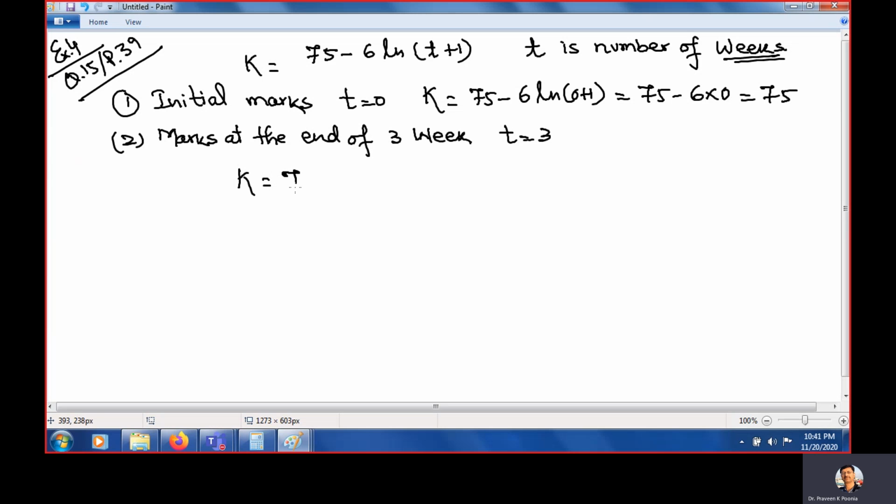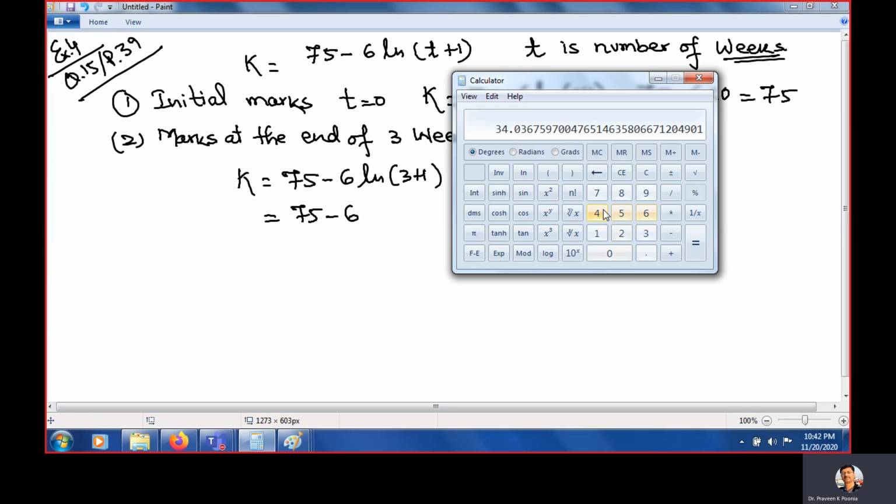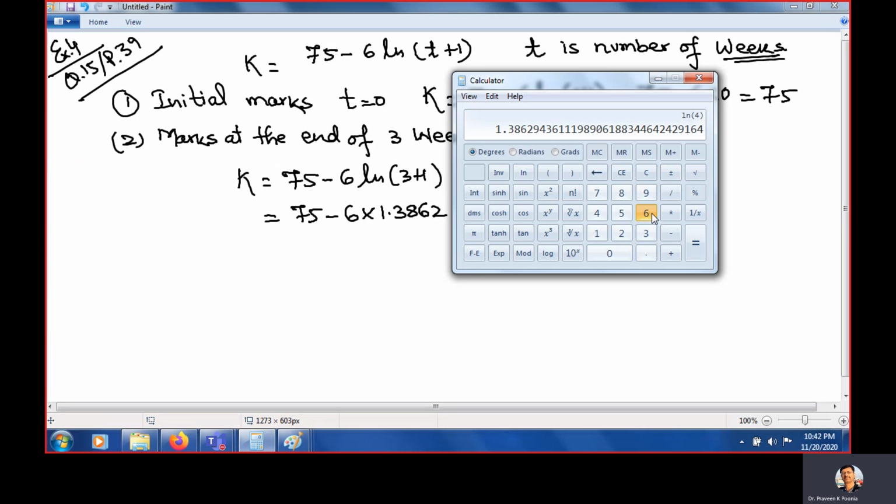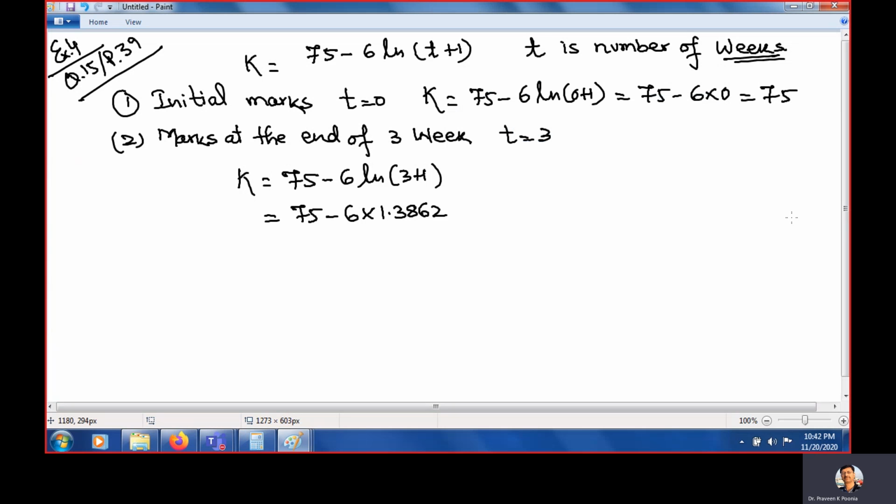So K is equal to 75 minus 6 ln of 3 plus 1, which is 75 minus 6 ln 4. Put ln 4 equals 1.3862. This is the value. So multiply by 6, put the negative sign before it and make it plus 75. So what is the answer? 66.68.